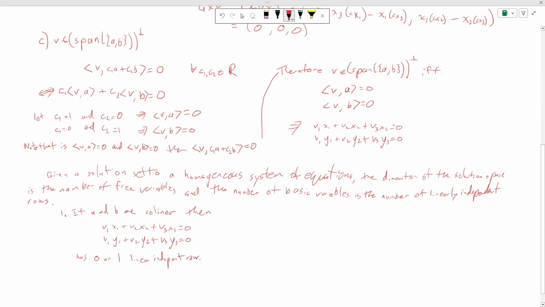Because if they're both the 0 vector, then there are 0 linearly independent rows. But if one of the vectors is non-zero, then there's 1.